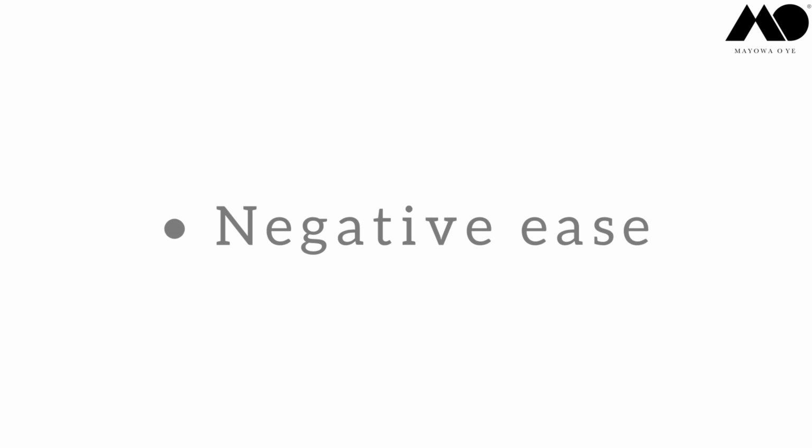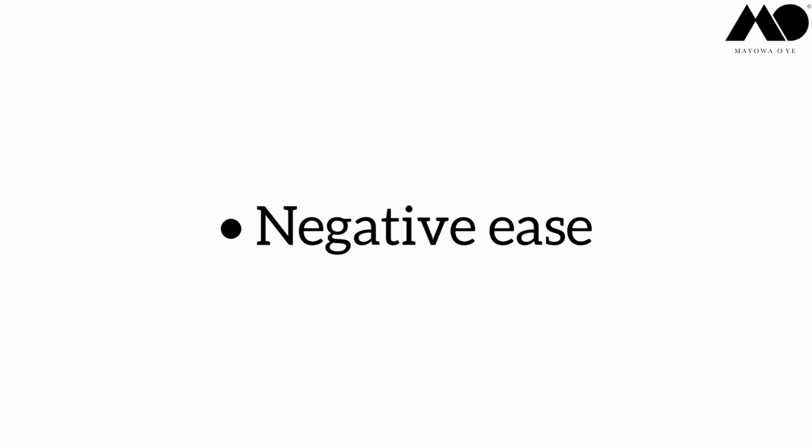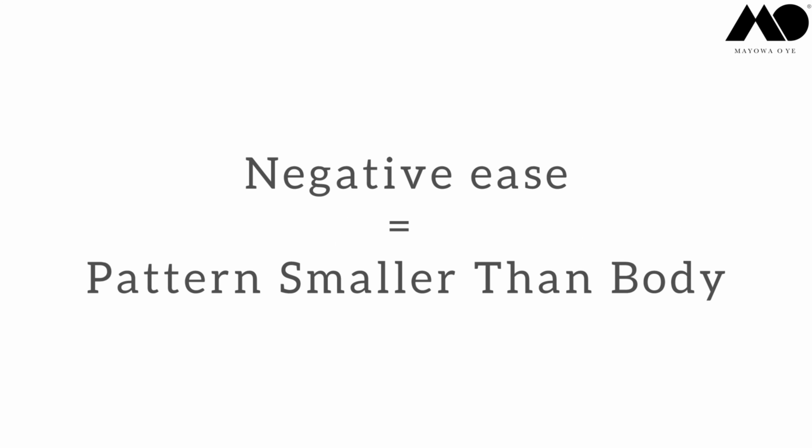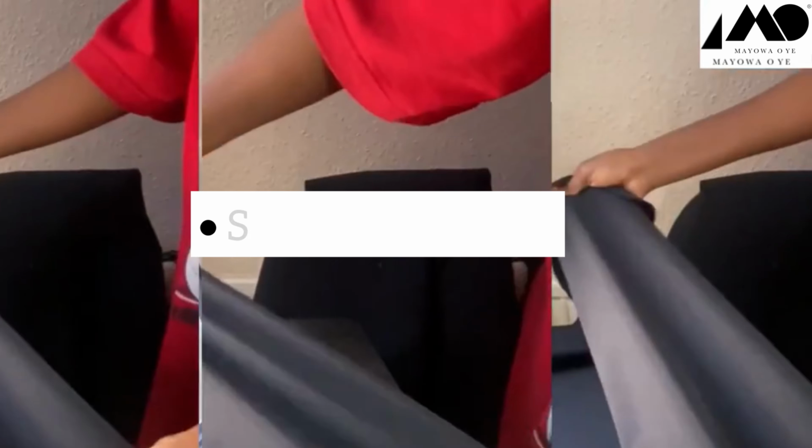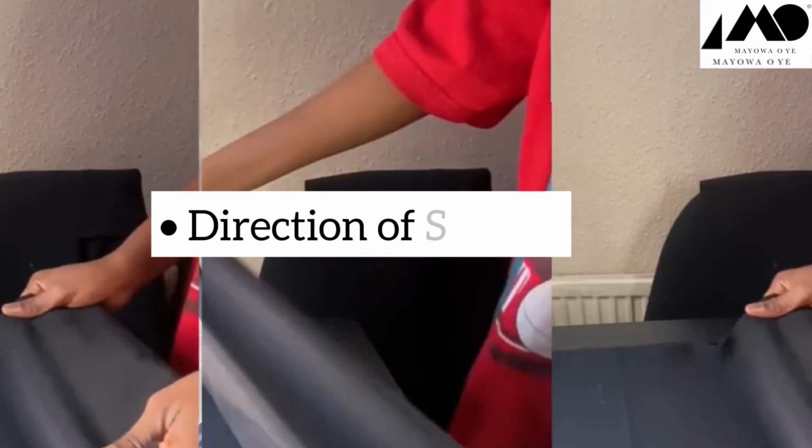Number 3, negative ease. Negative ease is when the pattern is smaller than the body measurements and it only works for stretchy fabrics. Negative ease depends on a fabric's stretch percentage, stretch recovery, direction of stretch, and the silhouette you really want to create. And here's the truth about negative ease.